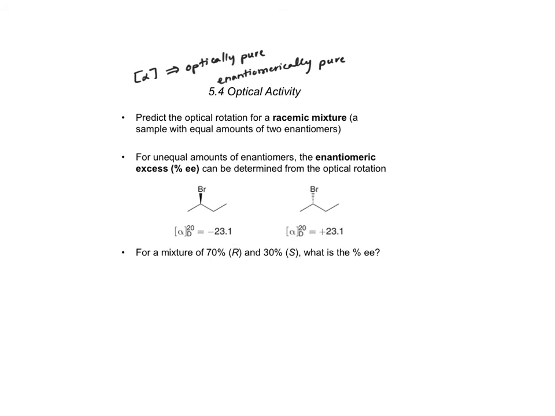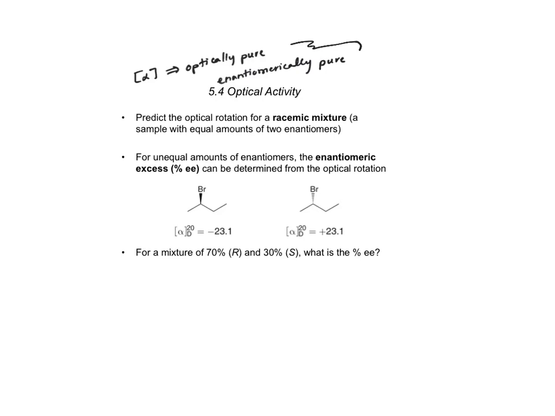Essentially, when we're calculating specific rotation, we're doing that with a solution that is only one version of the enantiomer. So it's either only R or only S. So that's what we've been calculating for these specific rotations: these optically pure or enantiomerically pure solutions.